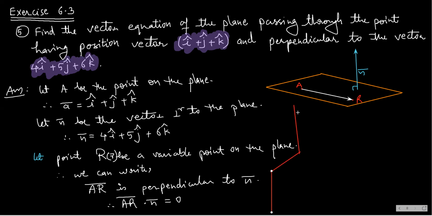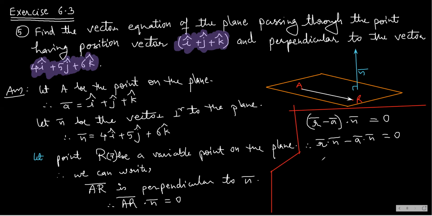Therefore, you have R bar minus A bar dot n bar is equal to 0. Therefore, R bar dot n bar minus A bar dot n bar is 0. That is R bar dot n bar is equal to A bar dot n bar.